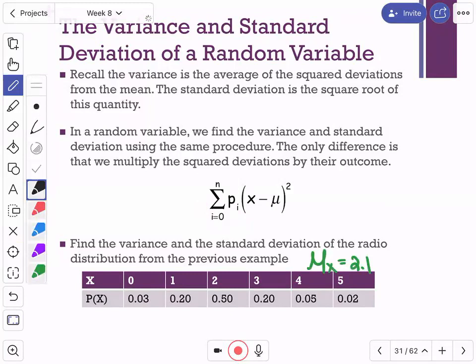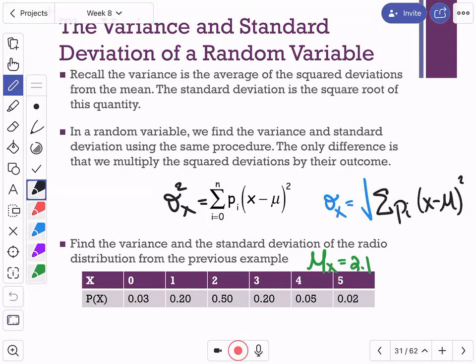That's called the variance. This is called sigma squared. That's sigma squared X, the variance. I actually want to find, though, sigma X, which is the square root of the sum of P times (X minus mu) squared. That's what I want to find, the standard deviation.